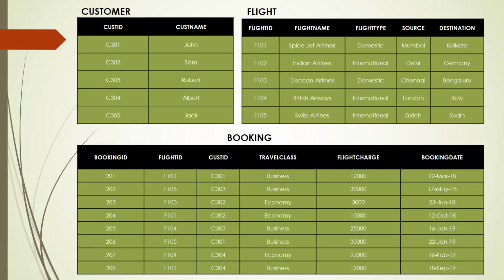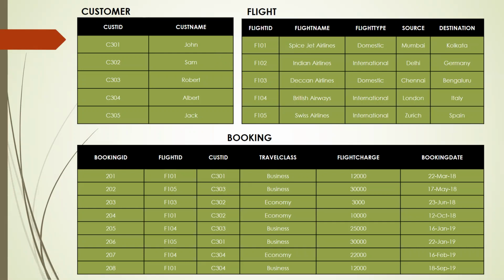A particular customer, let's say customer ID C301, John, has booked flight 101, which is a SpiceJet Airlines flight of domestic type. In flight types we have domestic and international, and the source and destination and the booking IDs. So these are the data sets which we have available.